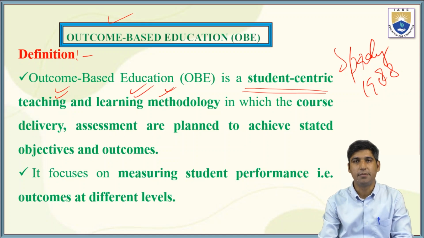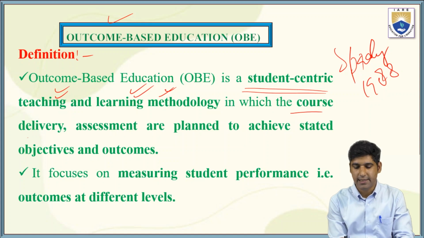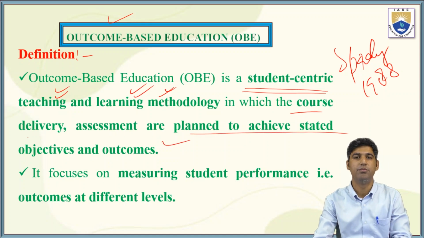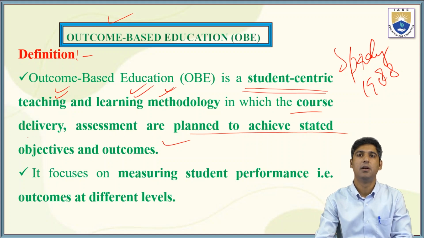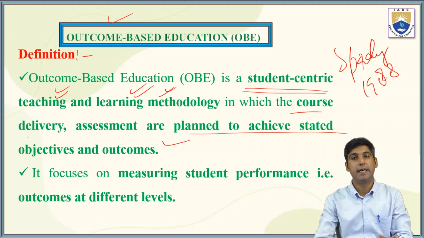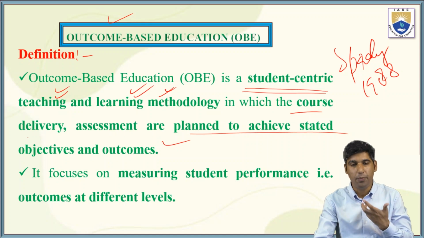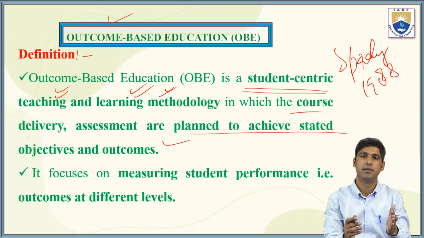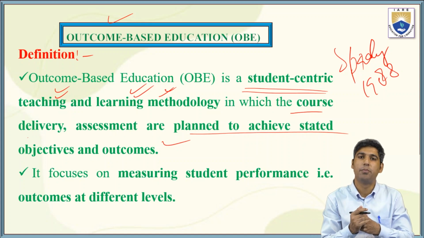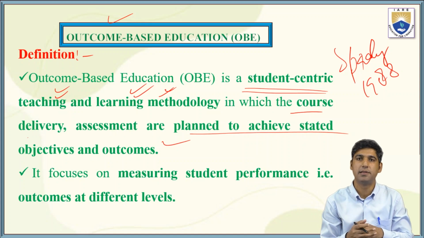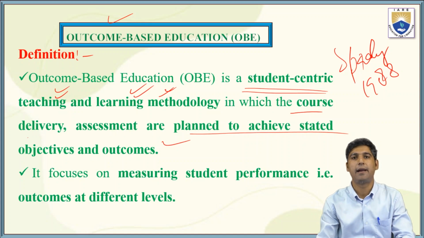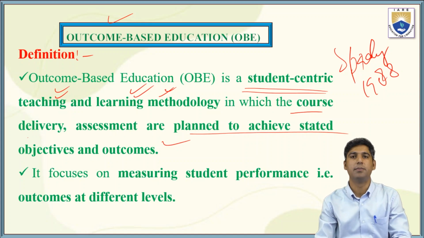In this model of education, the course delivery and assessments are planned to achieve stated objectives and outcomes. The delivery of lectures and the assessments, which measure student performance, are planned to achieve these outcomes and objectives.